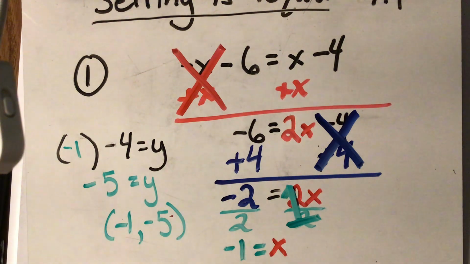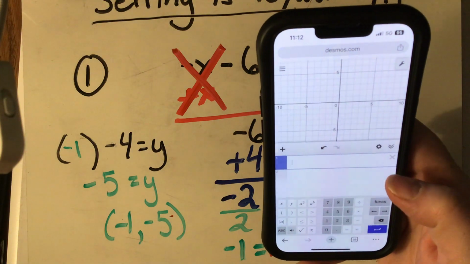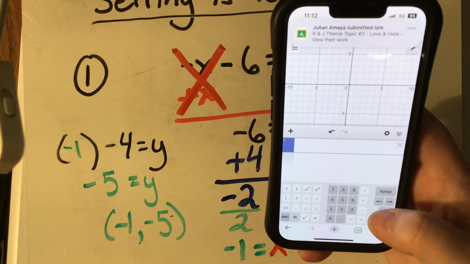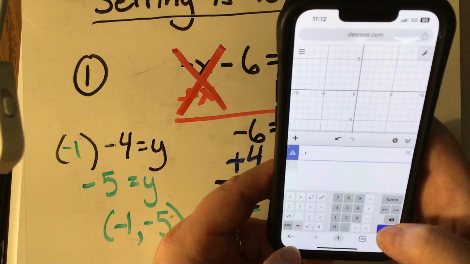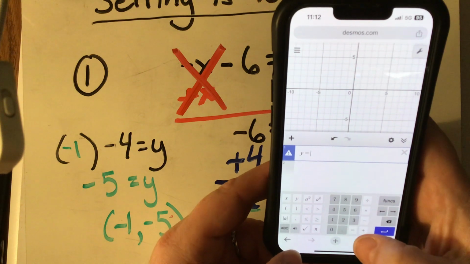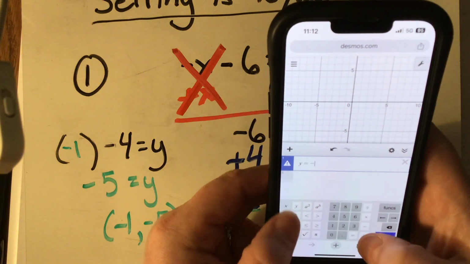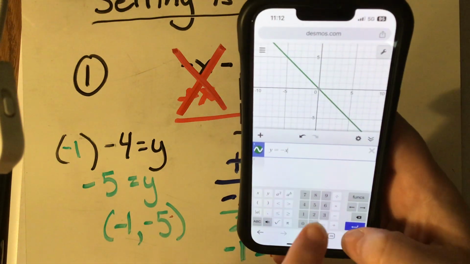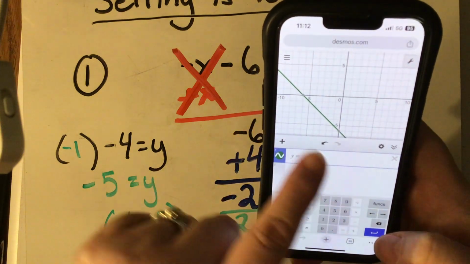Let's see if it's right though. This is a really cool thing about Desmos, you guys. We're going to put in the original problem. So the original problem was up here. Remember, we have y equals, now the original problem is -x minus 6. Okay, so then it made my line for me.